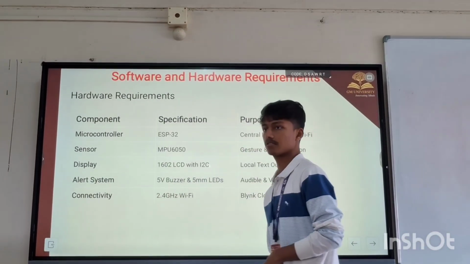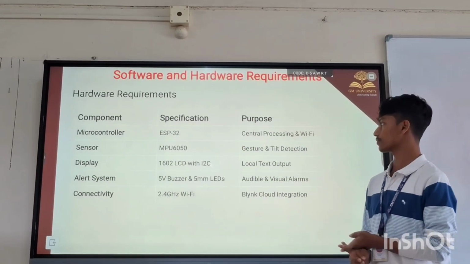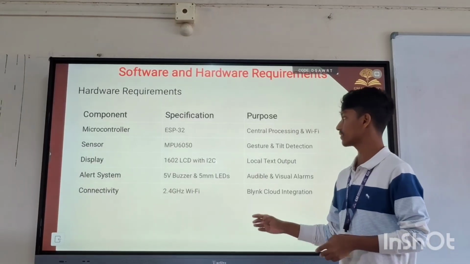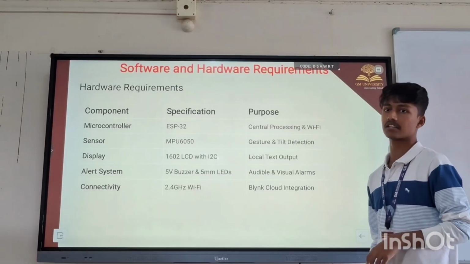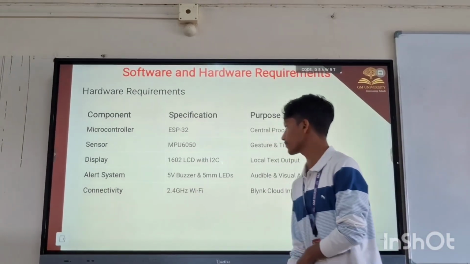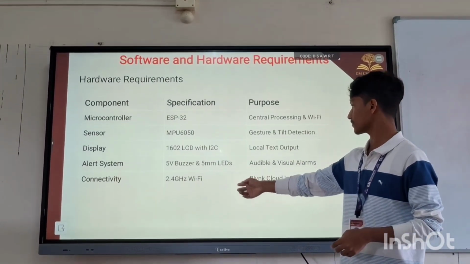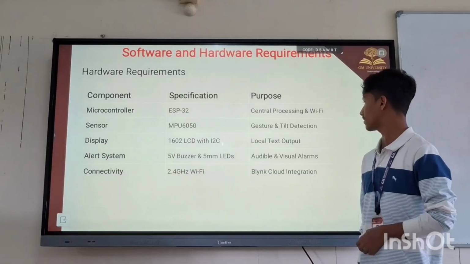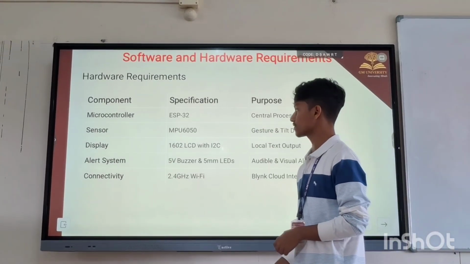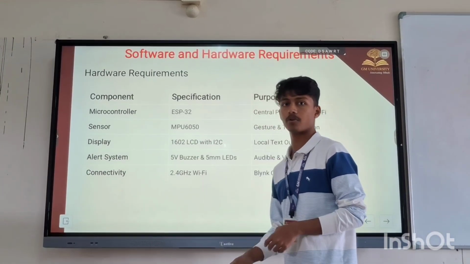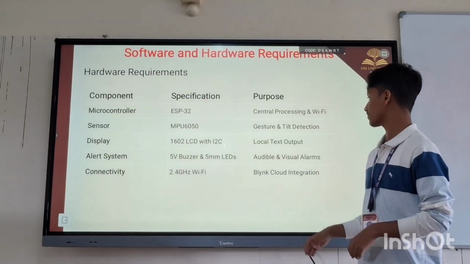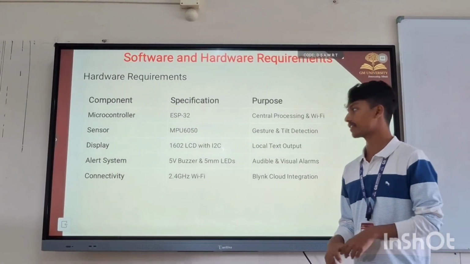Next, display: we have chosen the 16x2 LCD with I2C, which is the local text output. Alert system: we have integrated a 5-volt buzzer and LED for audio and visual alarms. And next, connectivity: 2.4 GHz Wi-Fi, used for cloud communication.